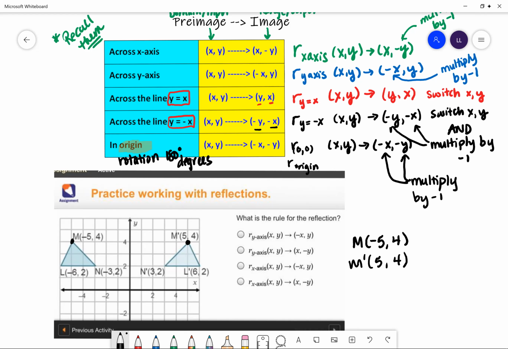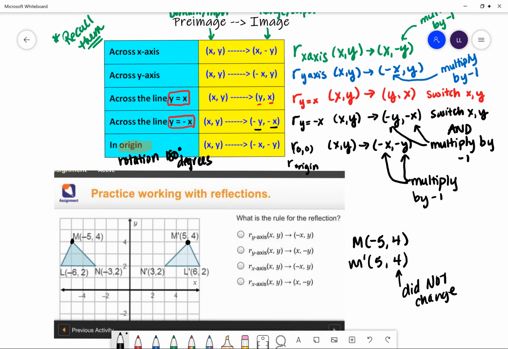So if you notice, my y coordinates did not change, but my x coordinates did, right? The image is the opposite of the pre-image.